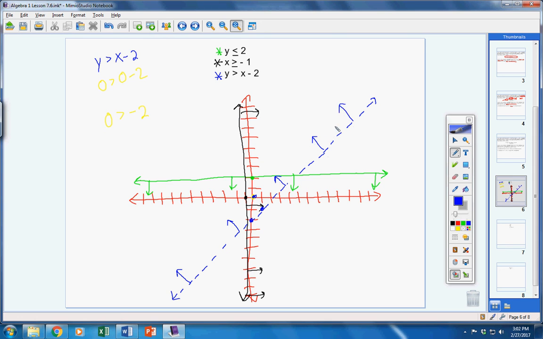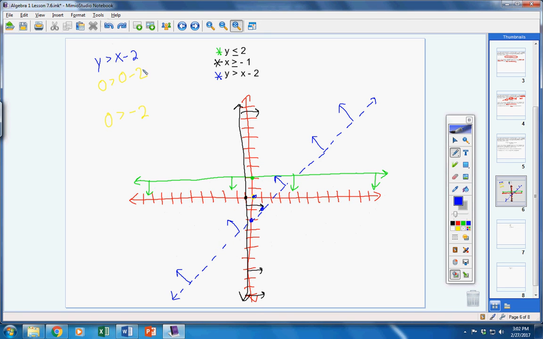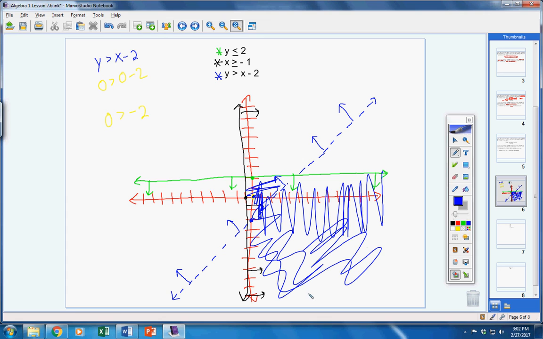Now the hard part is done. Now we have to simply decide where we're going to shade. Well, we know the green line says to stay all the way below the green line, right? However, the black line said to stay to the right of the black line. So as I shade below the green line, I've got to remember to stay to the right of the black line, okay? But hold on, the blue line's saying something too.